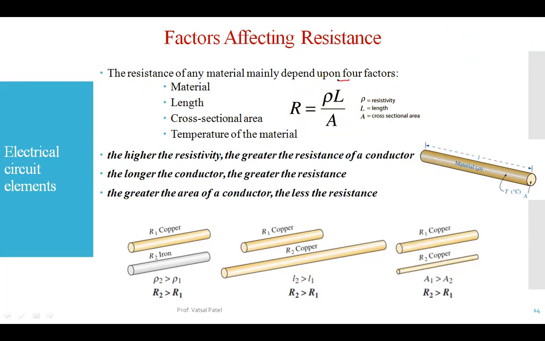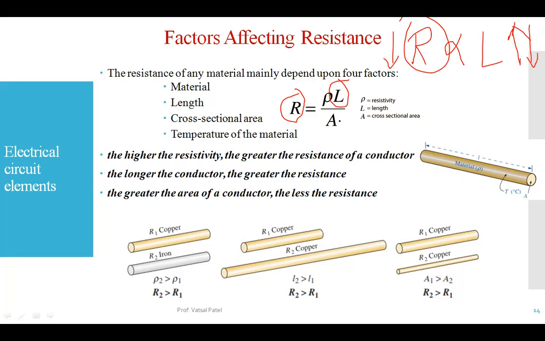Then you can see the second parameter. If you increase the length of the conductor, it will have a greater resistance value. It is also directly proportional, R is proportional to the length of the conductor. So if the length of the conductor is increasing, the resistance is also increasing, and vice versa. That means if the length of the conductor is decreasing, the resistance is also decreasing.